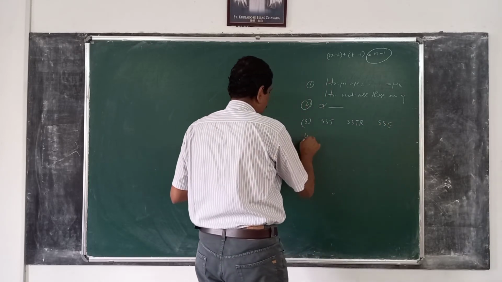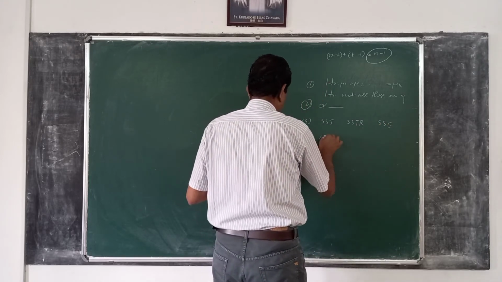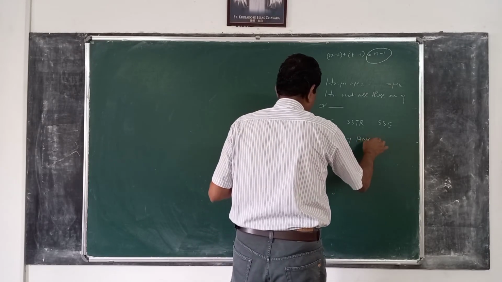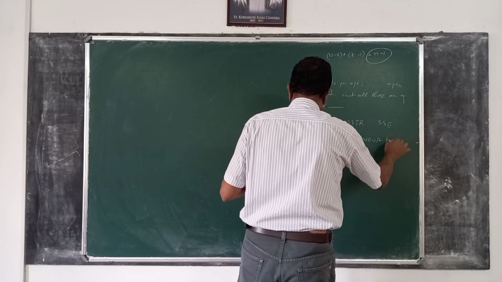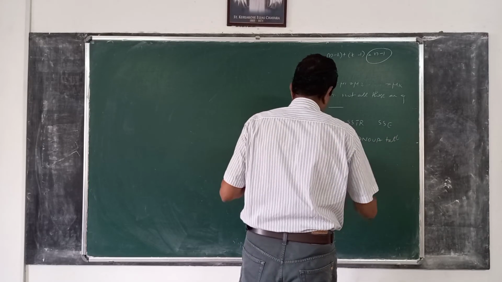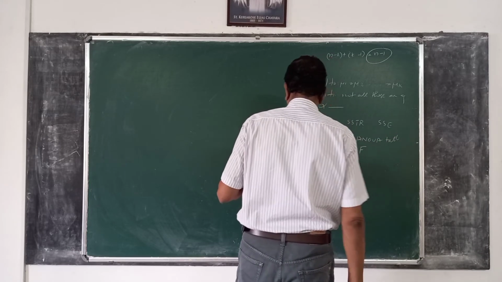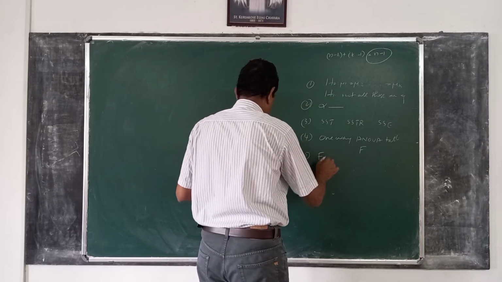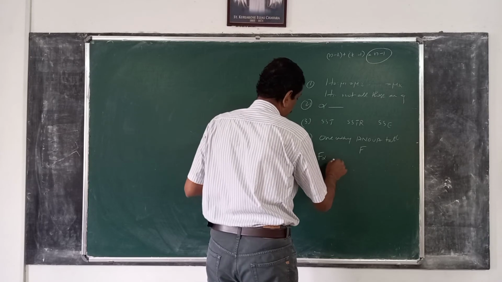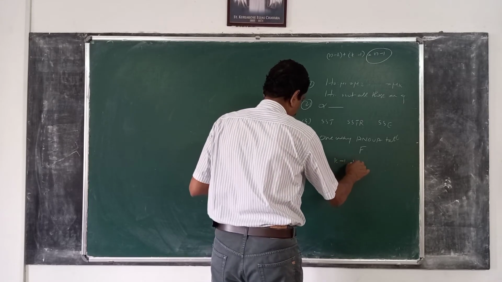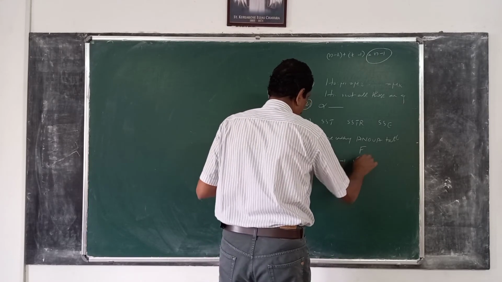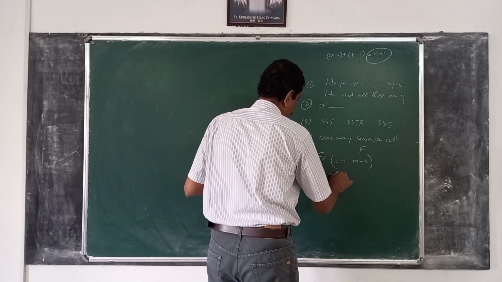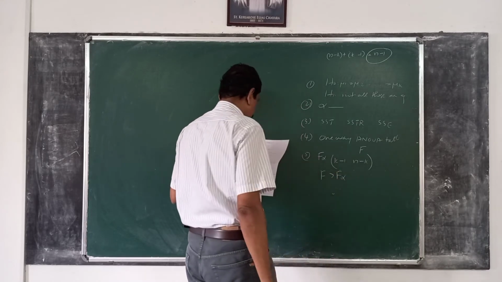The fourth step is to construct the one-way ANOVA table and obtain F. Then from the table obtain F alpha, the critical F, with degrees of freedom k minus 1, n minus k. And if F is greater than F alpha, reject H0.